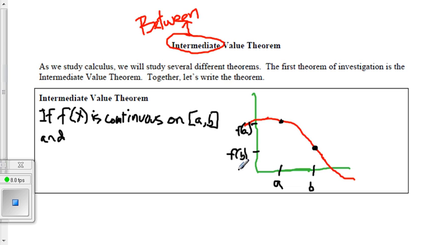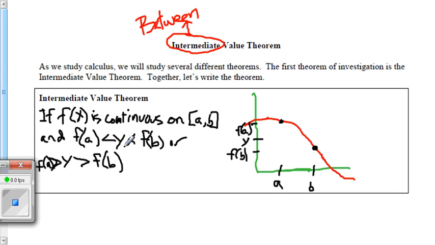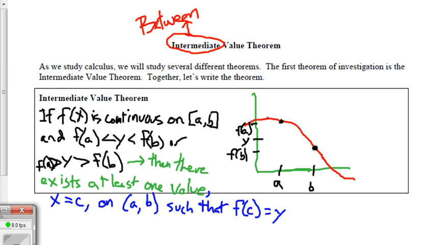What I'm going to be able to conclude, first off, I need to know that y is somewhere in between f of a and f of b. Now, it doesn't matter if f of a is bigger or smaller. So I've shown both scenarios where y is bigger than f of a but less than f of b, or y is smaller than f of a but bigger than f of b.